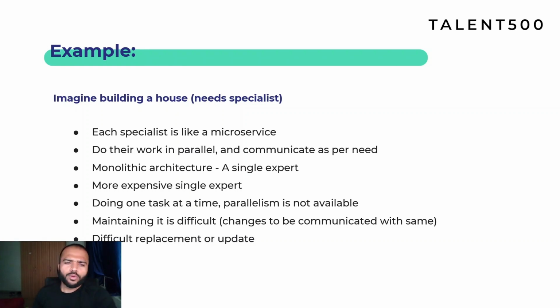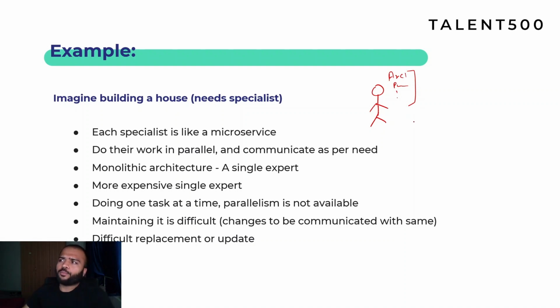So you and your brother are simultaneously building a house, and let's say your brother has hired a superhuman. Superhuman means this is a super specialist. So he knows architecture, he knows plumbing, and all these four tasks which we described earlier.